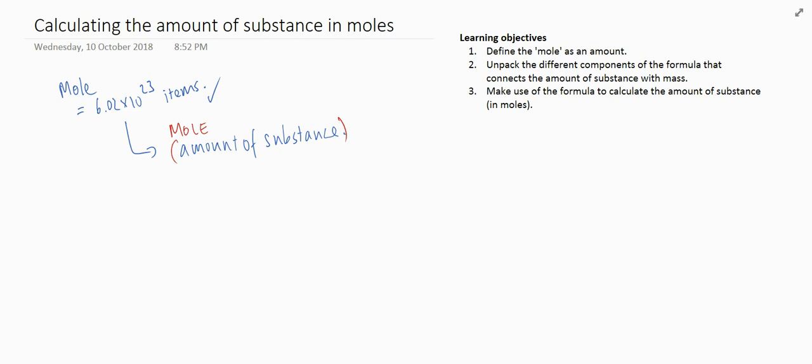If a question is asking you to determine the amount of something, like amount of sodium that you have in moles, then you have to perform a very particular calculation, and the calculation makes use of this formula here.